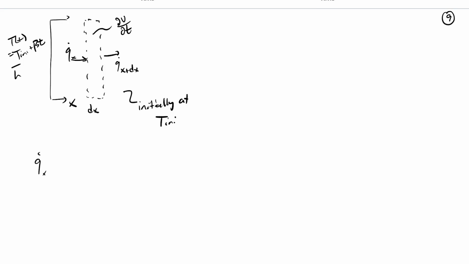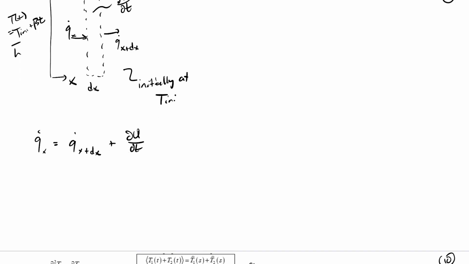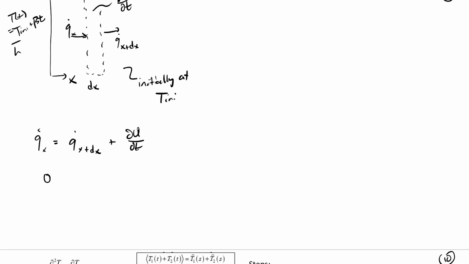So that becomes Q dot X equals Q dot X plus dx plus the partial U with respect to time. Continue to expand this out, and we end up with 0 is equal to the partial of Q dot X with respect to X times dx plus the partial of U with respect to time.